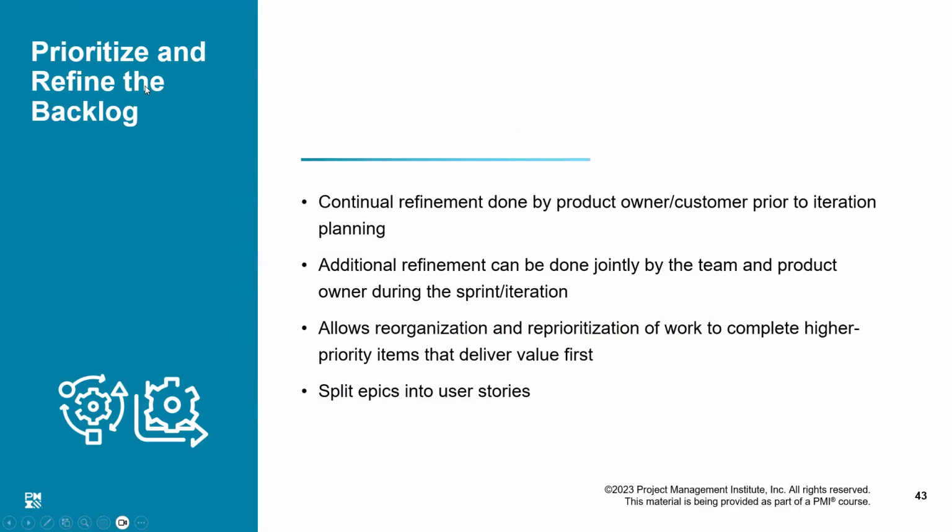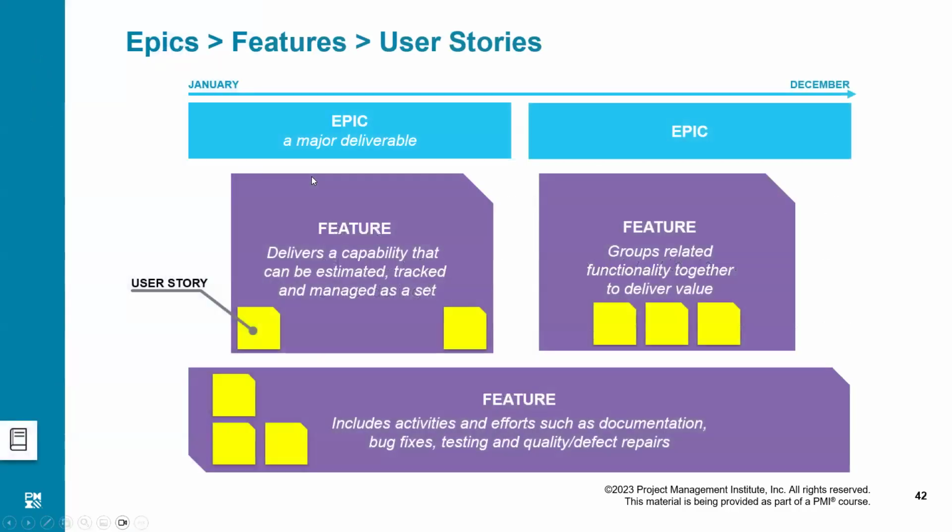Once we have all these user stories, actually epics are unrefined. We call epics unrefined user stories because epics could be as long as 2 months, 3 months long. So we can't have them in an iteration. An iteration is just 2 weeks. So within 2 weeks, we have to break the epics down to features and features down to user stories.